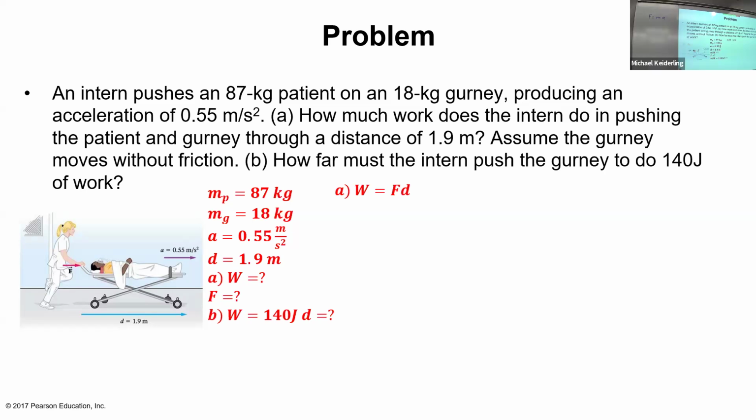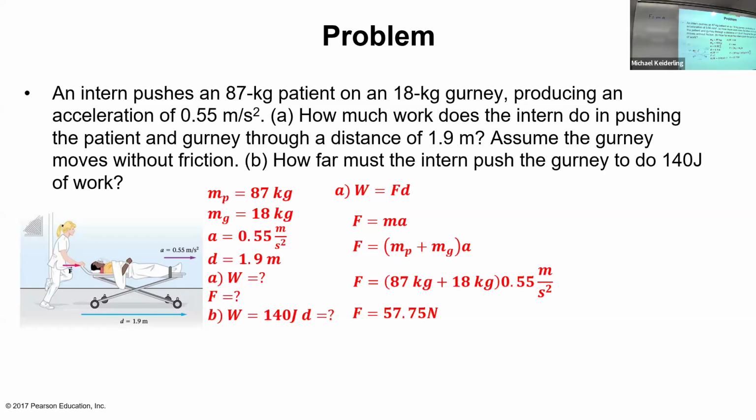So, work is force times distance. Force is mass times acceleration. So the force is going to be the mass of the patient plus the mass of the gurney times the acceleration. So 87 kilograms plus 18 kilograms, that's 105 kilograms times 0.55 meters per second squared.